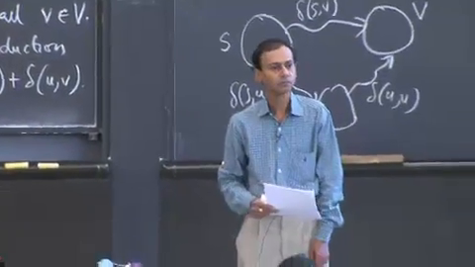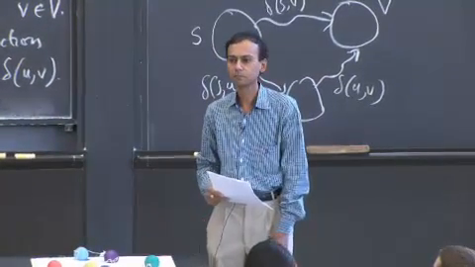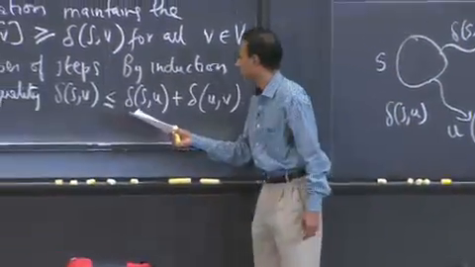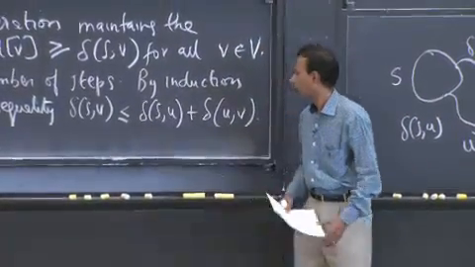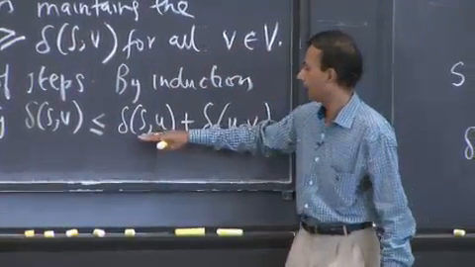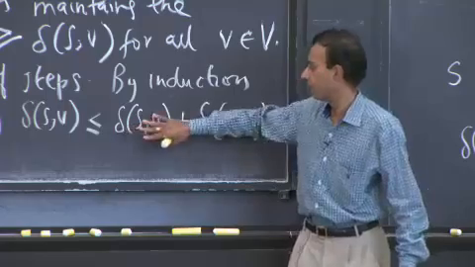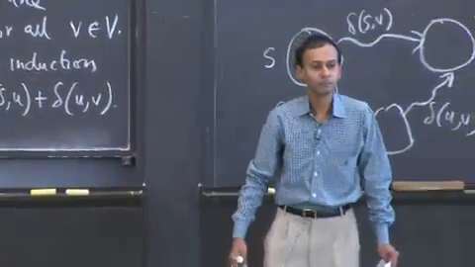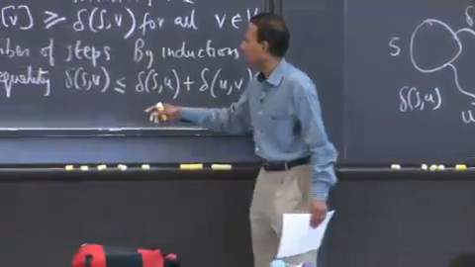Anyone? What can I substitute for? Remember, this is a less than operator, which means that I can replace things over here. Yep, d of u, like we have it over here. Excellent.